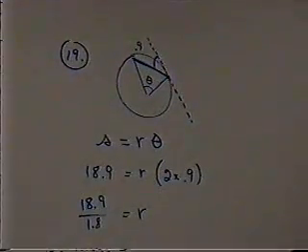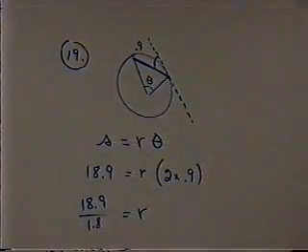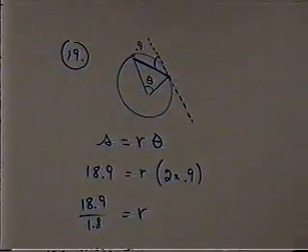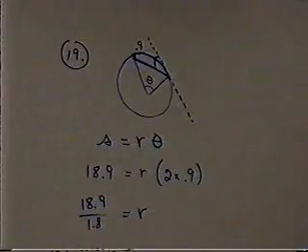The length of the arc subtended by the chord is 18.9 inches. Okay, so the length of this arc subtended by that chord is 18.9 inches. Find the radius of the circle.